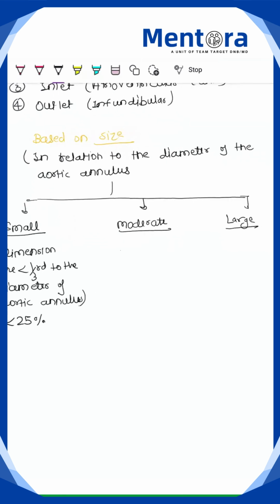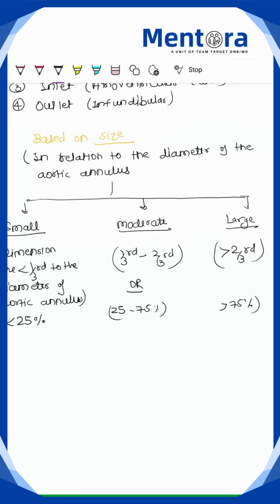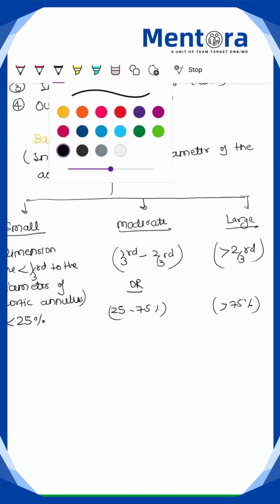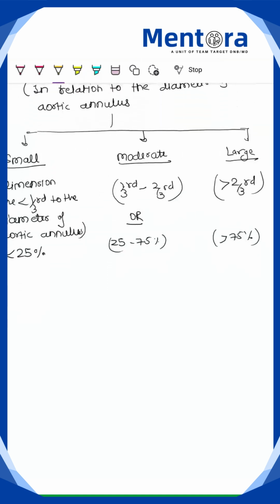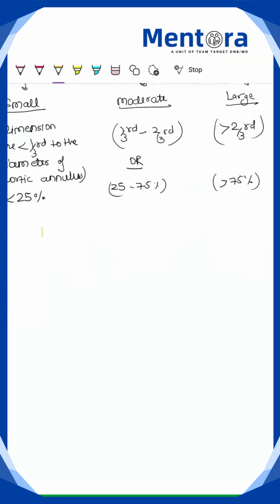In moderate, it is between 1/3 to 2/3 of the diameter of aortic annulus, or 25 to 75% of the diameter of aortic annulus. And in large, it is more than 2/3 of the diameter of aortic annulus, more than 75%. Management. Come to the management of VSD.